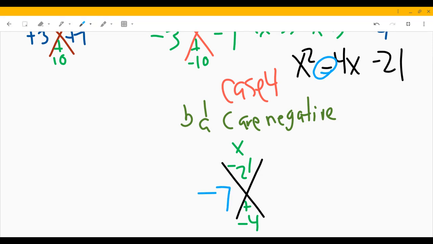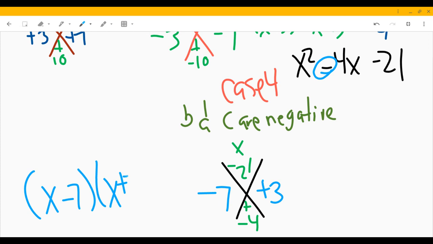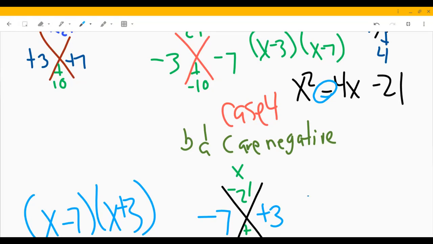So in this example, negative 7 and positive 3 are going to be your two factors. So x minus 7 times x plus 3 would be how you would factor this quadratic expression.